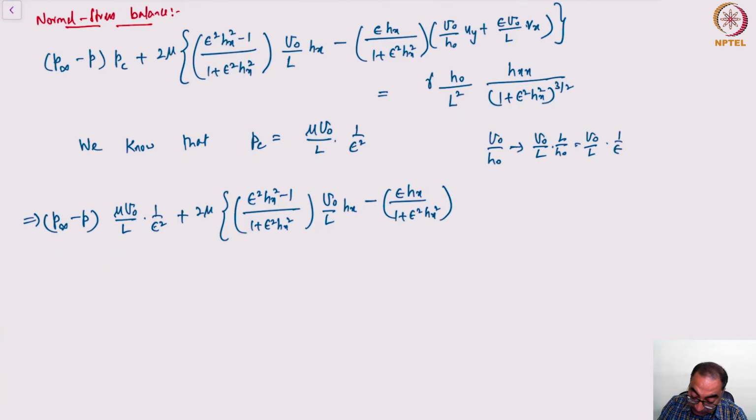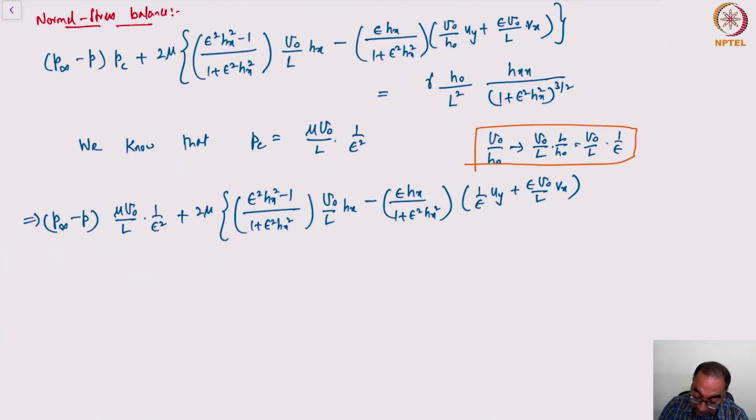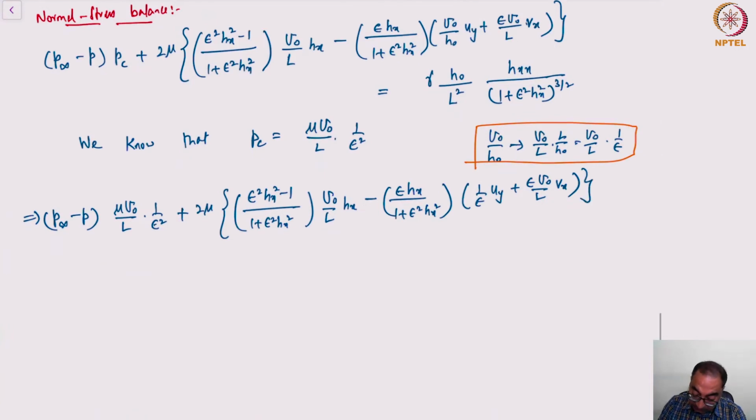Okay, so let's write that down. We have 1 by epsilon uy plus epsilon u naught by L Vx. The simple rough work that we have done here, we'll put it in a box. So that completes the viscous term here.